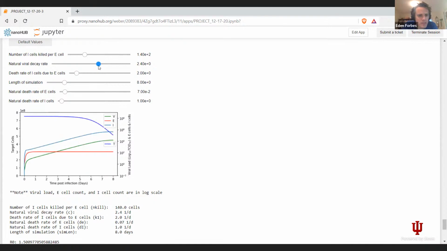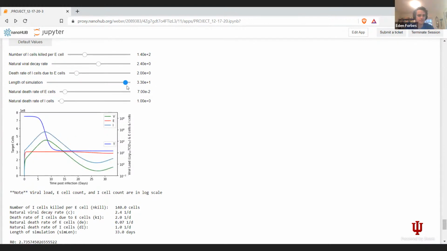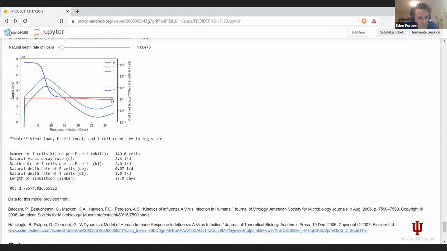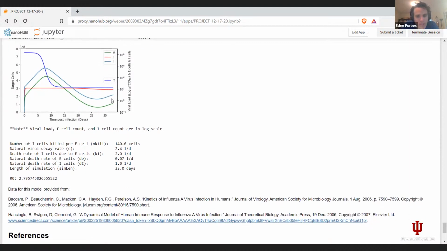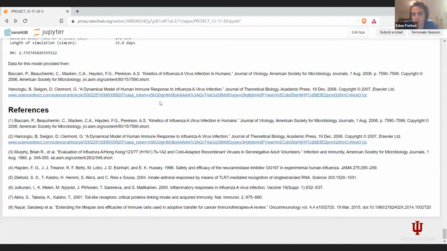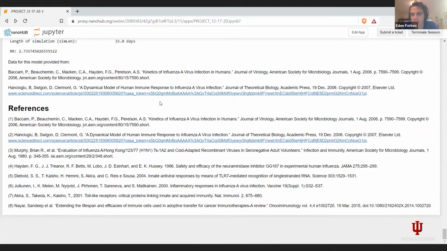And if you increase the length of the simulation, you can see the delay a little better, right? Yeah, so that's a good example of that. They have a calculation of R0 too that they output there. And then similar to some of the other models that we've seen so far, we've got a nice reference list without much discussion of anything else.